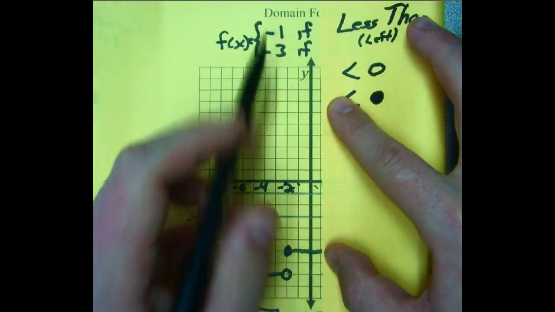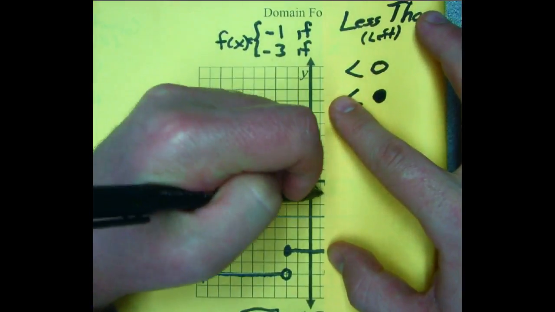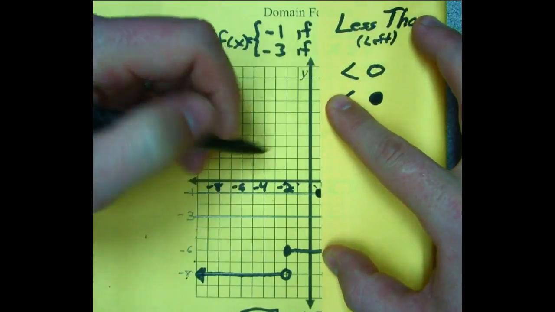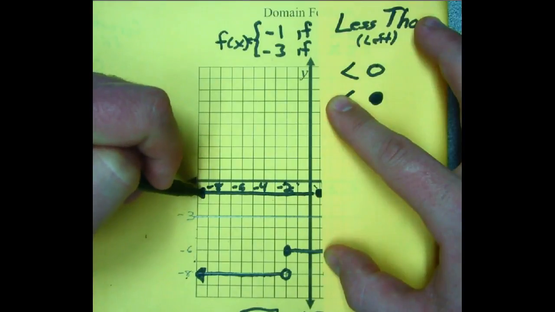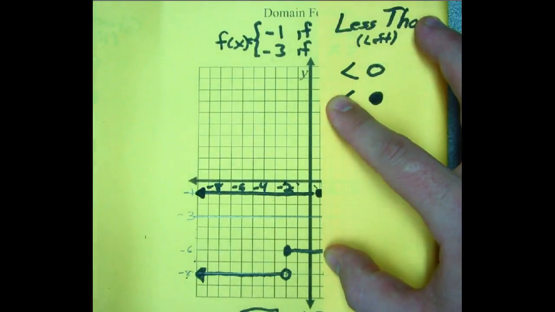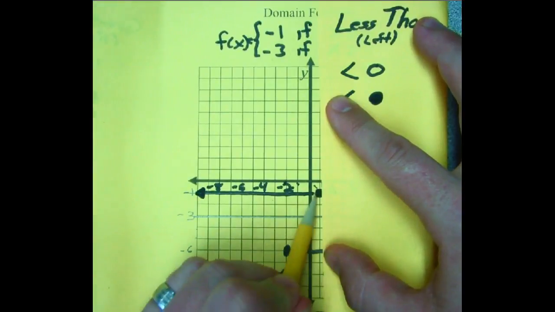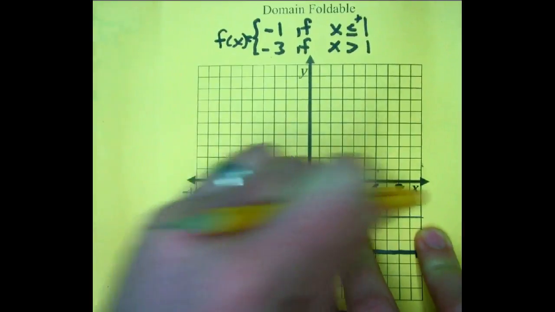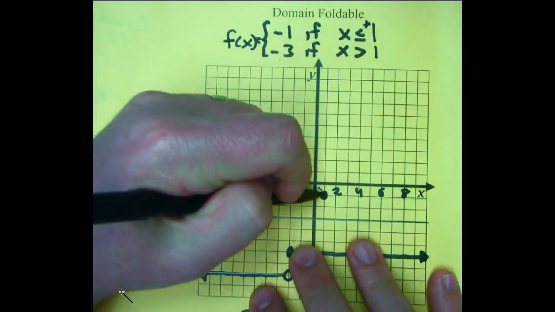So at -1, I'm going to have a closed circle. Alright? And everything else I see on -1 stays, and everything underneath goes. Get rid of. So that all stays, and everything underneath here, I'm going to erase, take it off. There we go.